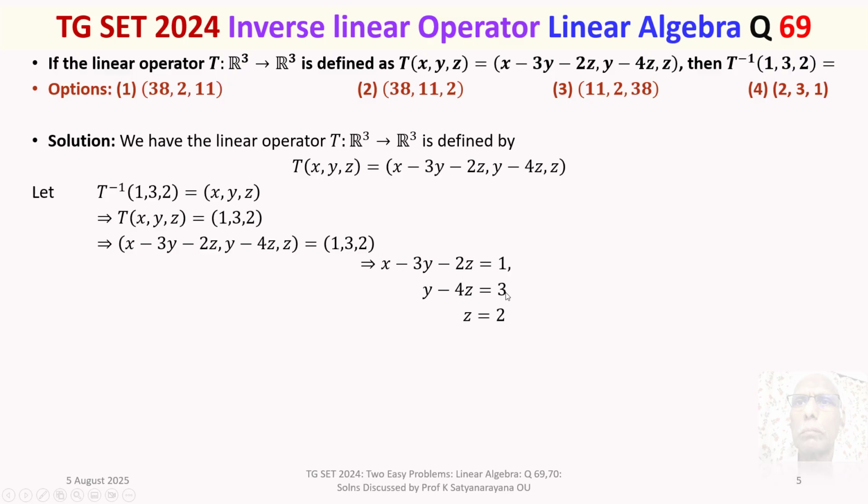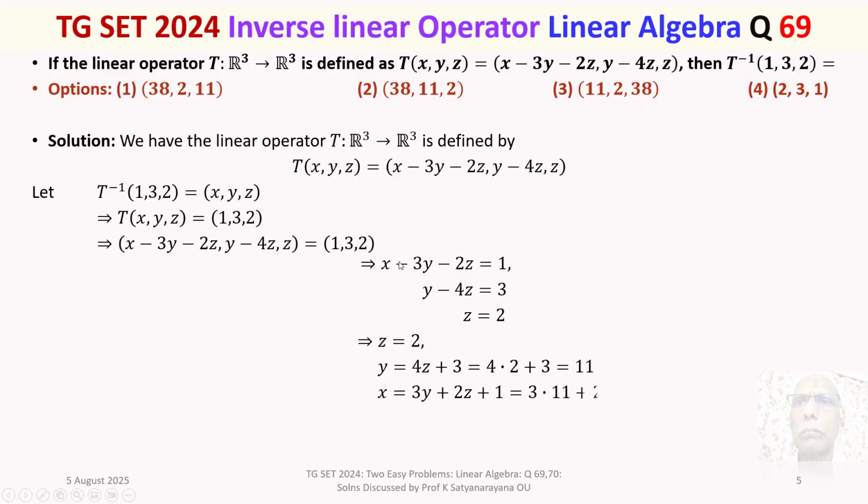It's all already in the echelon form, and from bottom to top you can simplify for the values of z, y, x. z is equal to 2. Go to the above. y minus 4z is equal to 3, so y is equal to 4z plus 3. Substitute z is equal to 2. You will get 11.